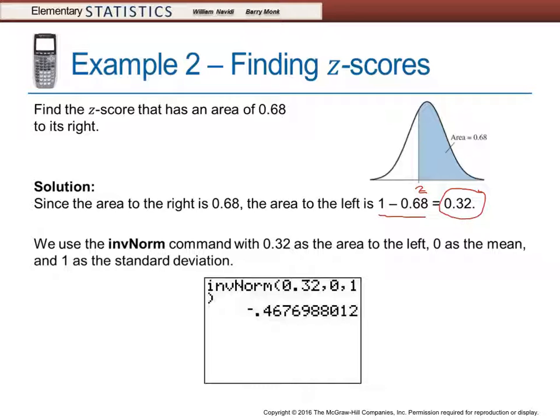We hit the 2nd VARS key and search for option 3 to get the inverse norm. The first input is going to be 0.32, and the mean is 0 and the standard deviation is 1. We get the z-value of negative 0.468 about. You should try this also on your calculator as well.